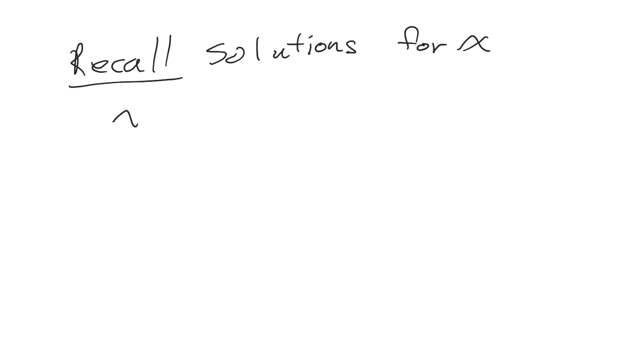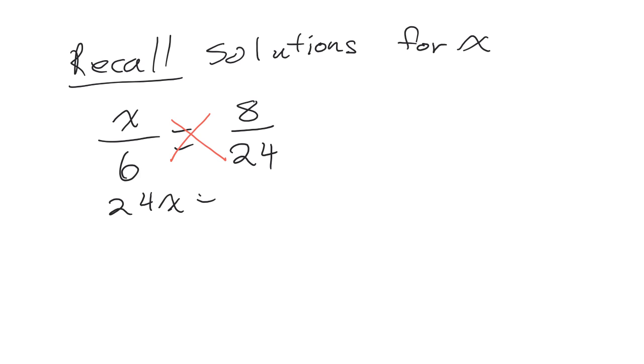So let's say I had x over 6 is equal to 8 over 24. You would cross product these things, and you would end up with 24x is equal to 6 times 8, 48.